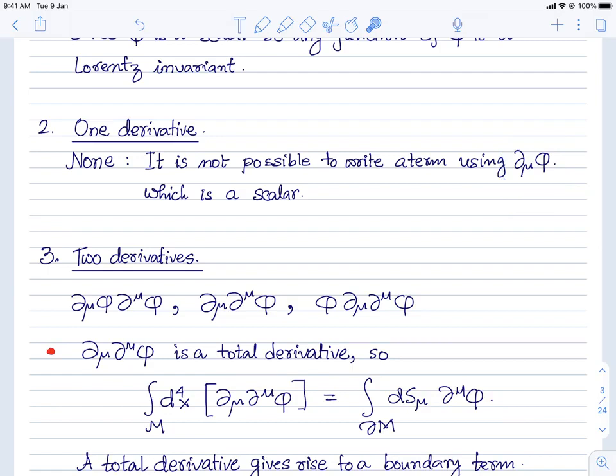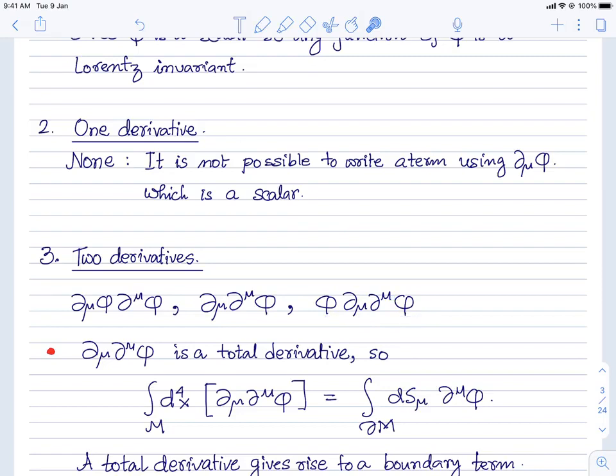But if we want covariance, there isn't too much that you can do with it. You can write down a term like this, which is obviously relativistically invariant because the mu indices are contracted. You can perhaps write a term like this, with a single field phi. And you can perhaps write a term like phi del mu phi del mu phi.